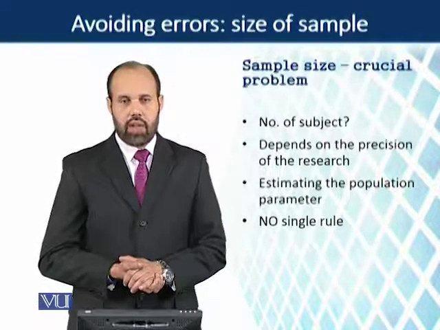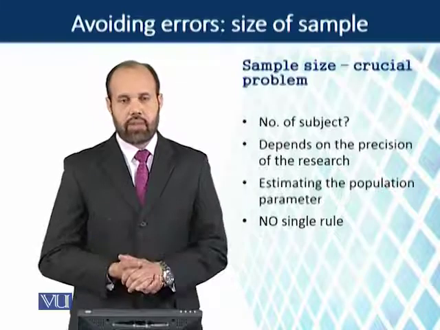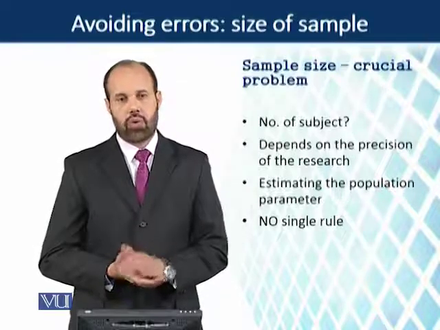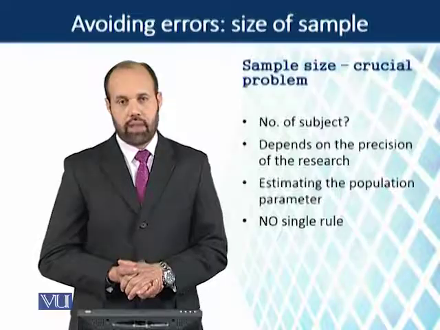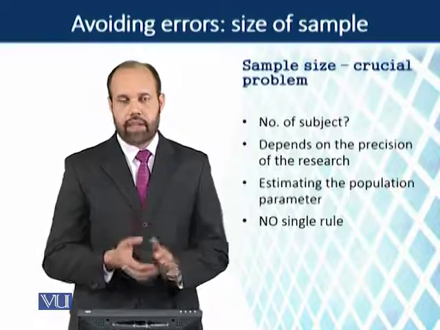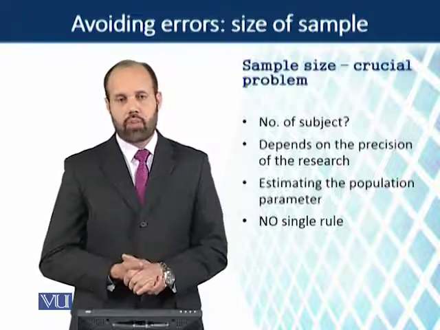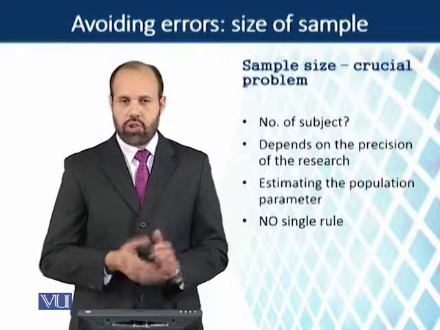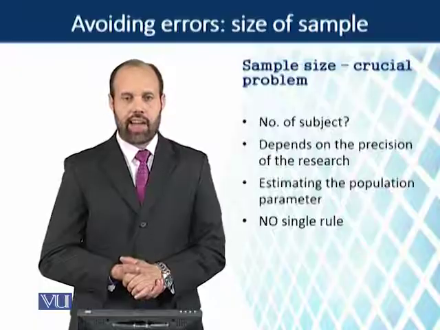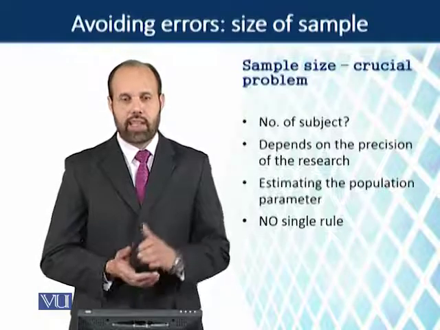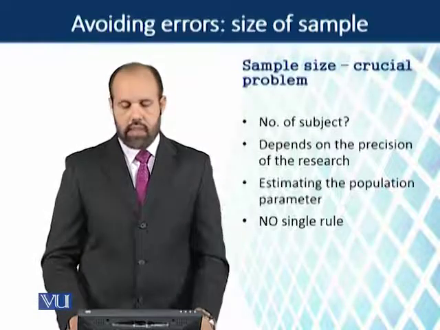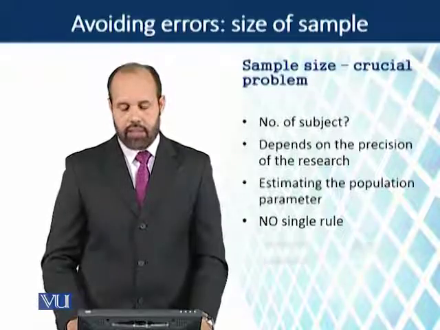And then we, as researchers, must remember that there is no single rule regarding the size of sample, right? Because as mentioned earlier, it's totally up to the nature of the study and the research questions to be explored. So we don't have a single rule regarding sample size. It's totally dependent upon the nature of study and research design.